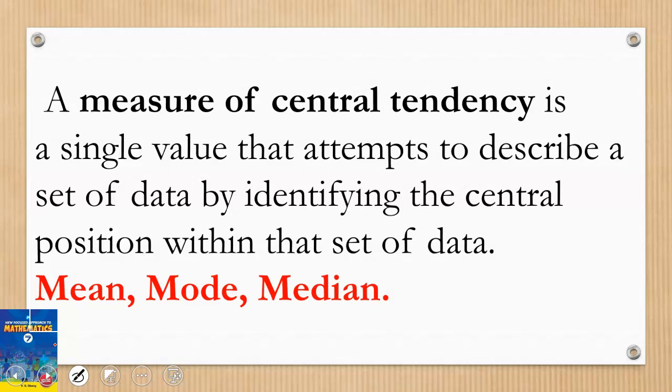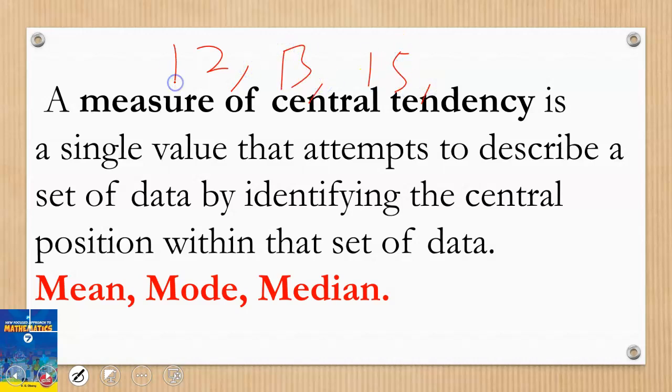Now, what is central tendency? A measure of central tendency is a single value that attempts to describe a set of data by identifying the central position within that set of data. What you are trying to say here simply means if I give you a data, for example, I ask all your classmates their ages and they mention 2 years, 3 years, maybe 15 years.